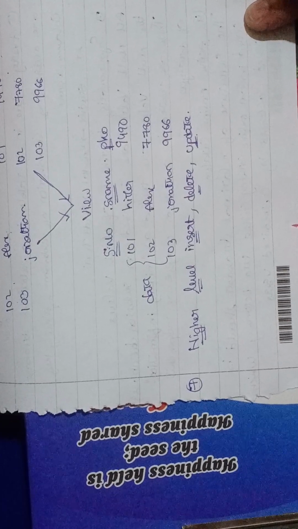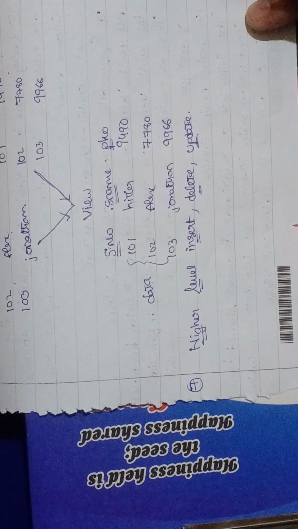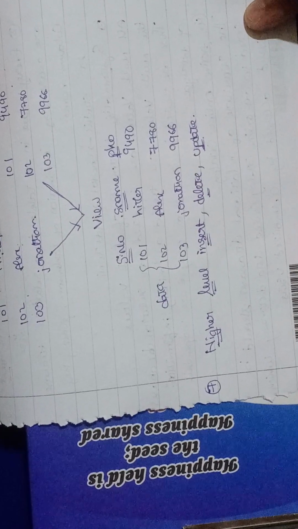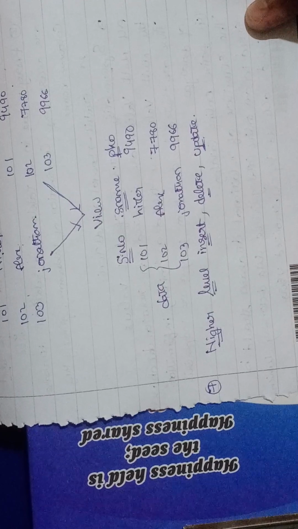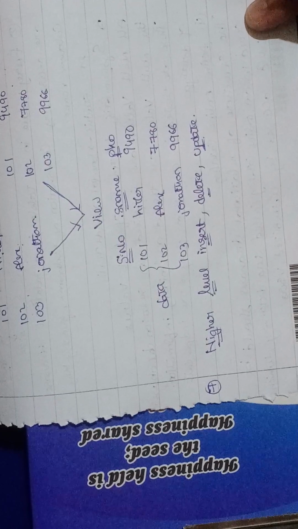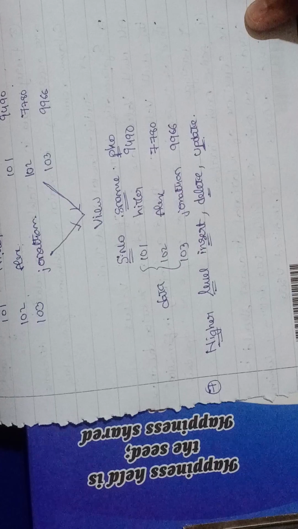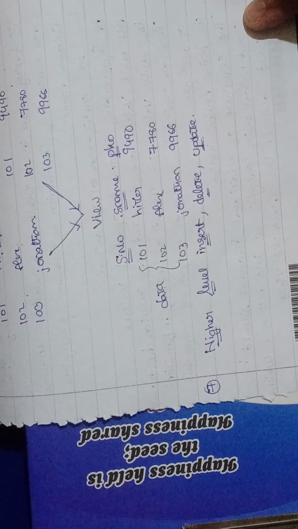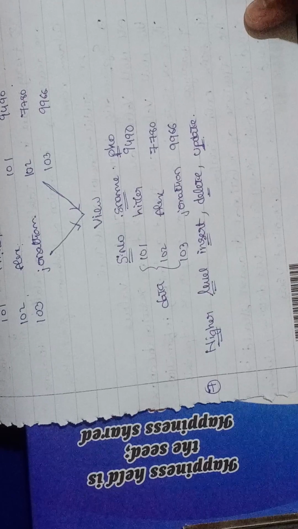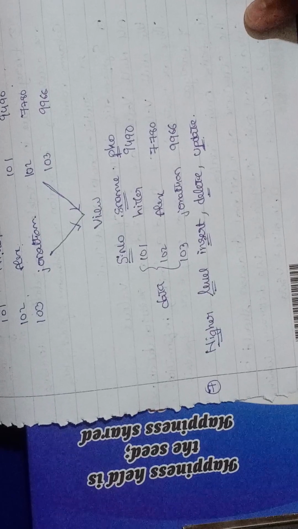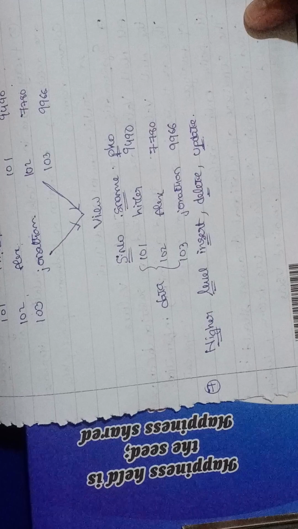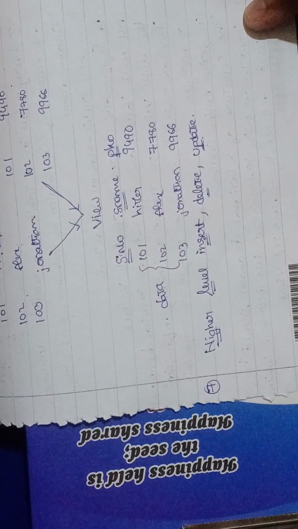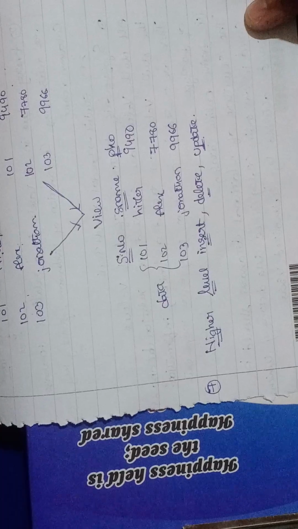Means a database must support high level insertion, updating and deletion. These must not be limited to a single row, that is, it must also support union, intersection and minus operations to yield sets of data records.